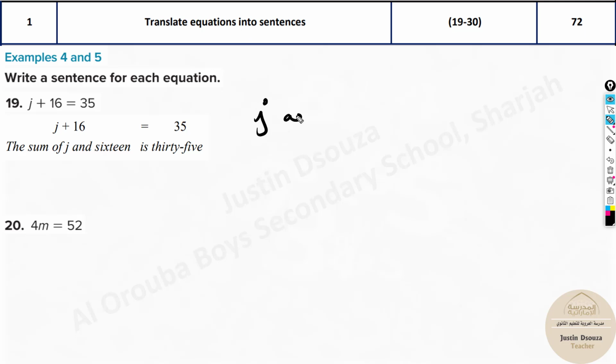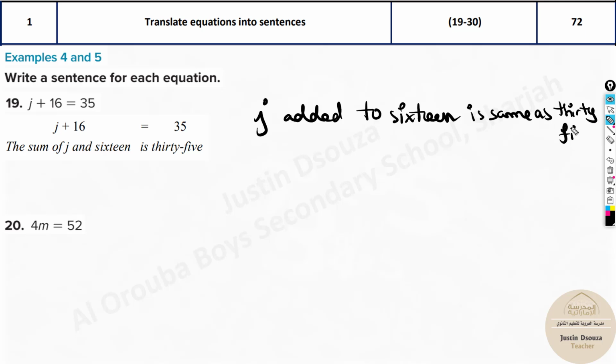J added to 16 is the same as 35. This is also possible, but it depends on which option you have.